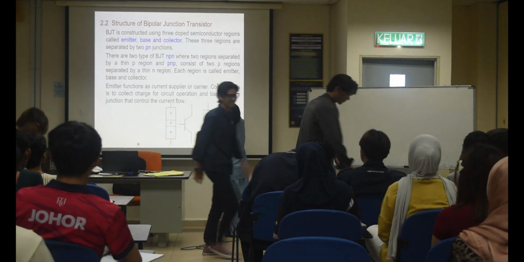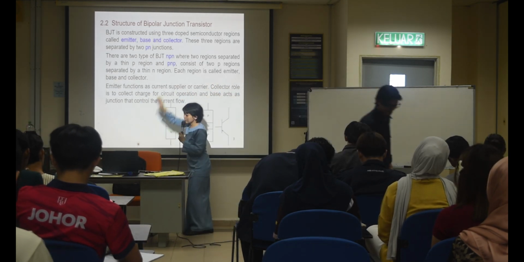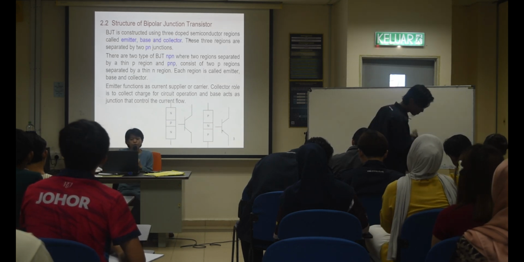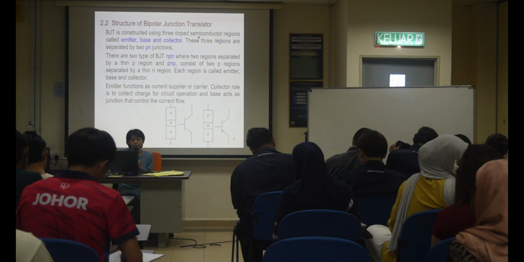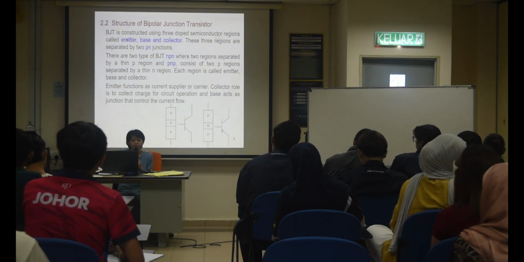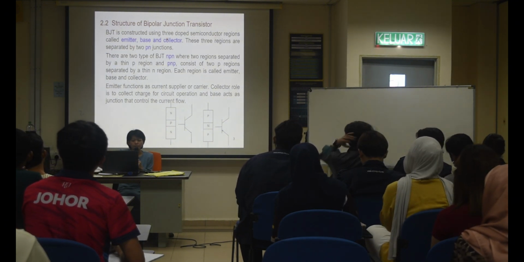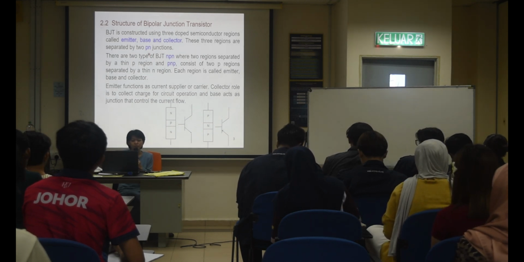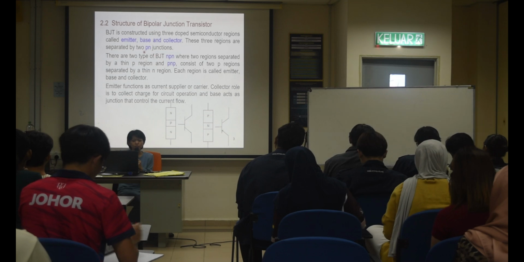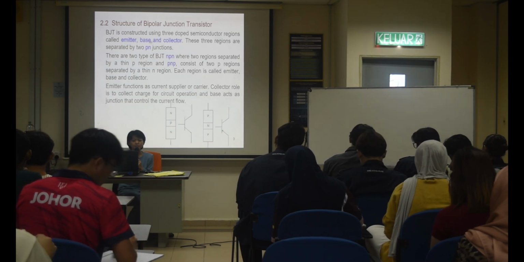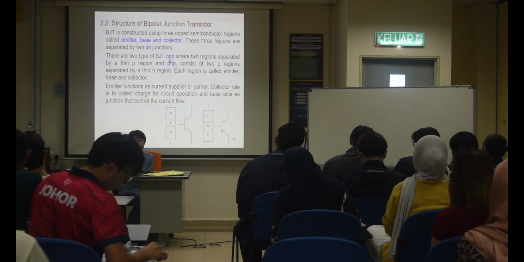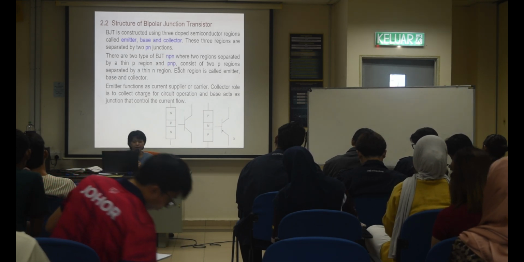So you can see here, we have two types, as I explained just now. We have three doped semiconductor regions called emitter, base and collector. These three regions are separated by the PN junction. So we have two types of BJT, one is PNP, another one is NPN.